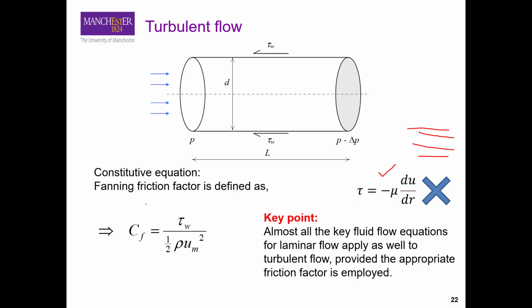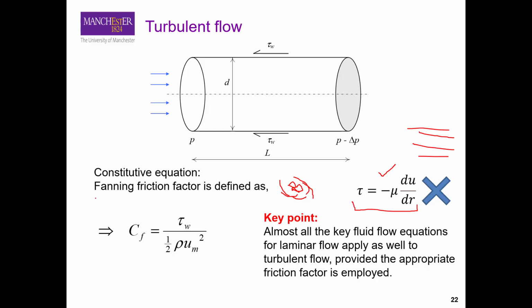Okay. But for the case of turbulent flow, there are no layers and it's completely random. Okay, it's all disorder. There is no flow pattern. So as such, we cannot develop this kind of relation that relates tau with the velocity profile. And because of that, we have to again look into some experimental observations and some empirical relations.